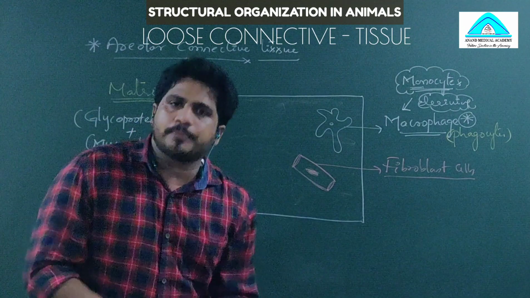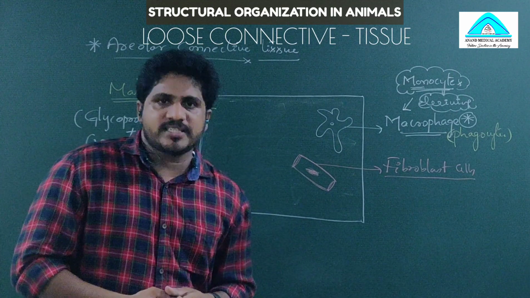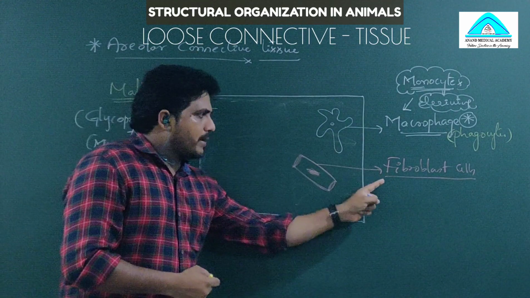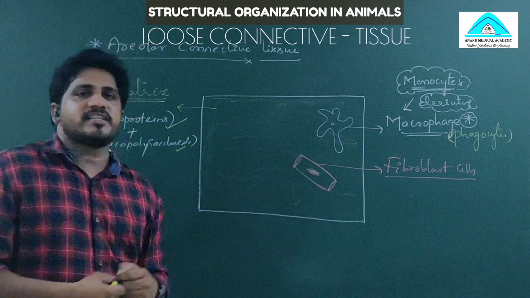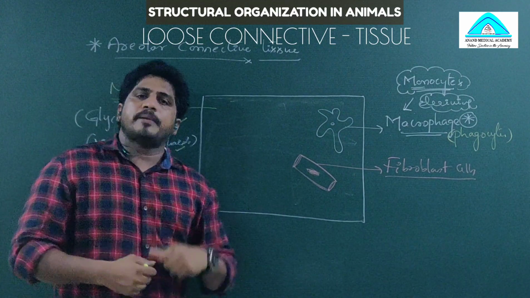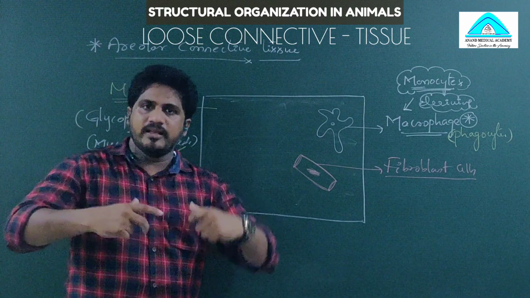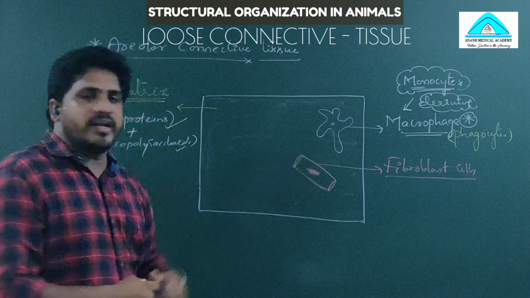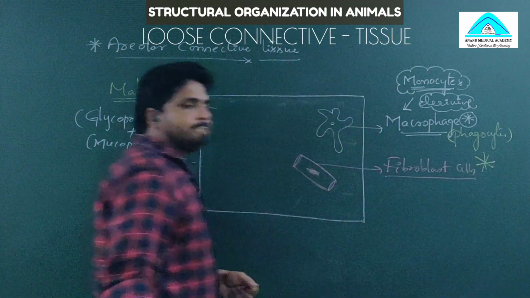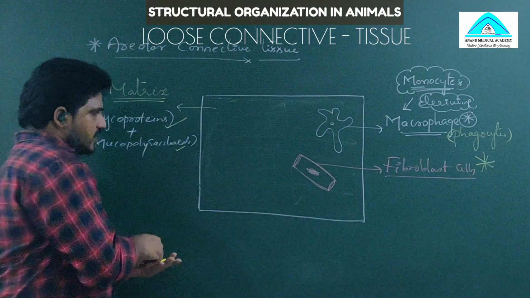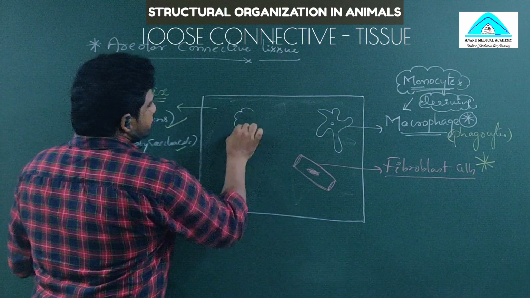These two are major proportions in the part of the matrix. It means if fibroblast cells were not there, there is no matrix. The matrix is there, and inside the matrix, the number of cells and fibers are suspended, existing only because of fibroblast cells. That is the reason they are chief cells. Clear?